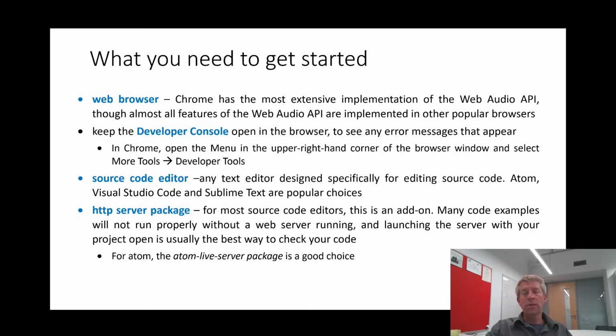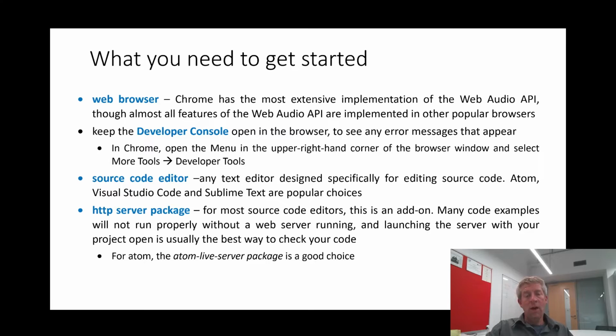That way you can see any error messages and you can also print things to the console. If you're not familiar with it, in Chrome, open the menu in the upper right-hand corner of the browser window and select More Tools, Developer Tools, and that will show it. There are similar menu options on the other popular browsers. It may not be called Developer Console, it could be Developer Environment, but it's there in all of them.